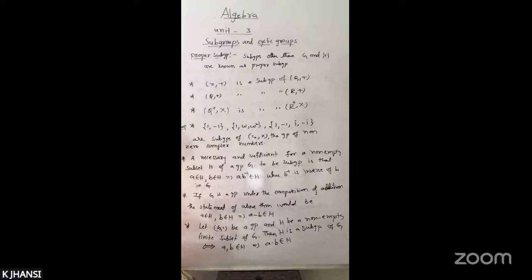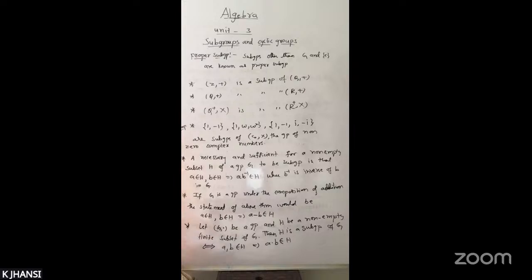So next we have one theorem. It is an important one. Almost it will be asked as a 5 marks question or 10 marks question. That is, the intersection of any two subgroups of a group G is again a subgroup of G. Okay. The intersection of any two subgroups. Intersection we know.